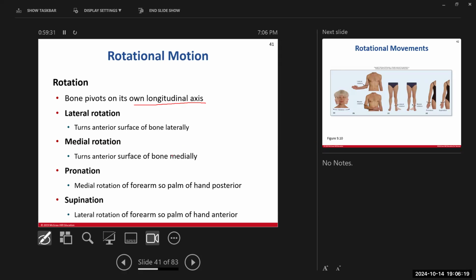So pronation and supination again has to do with the forearm and the palms. Keep in mind, when you're in the anatomical position, you're in the supinated position. Palms are facing forward. How somebody explained supination to me is, if you put your hands together, that's how you hold soup.